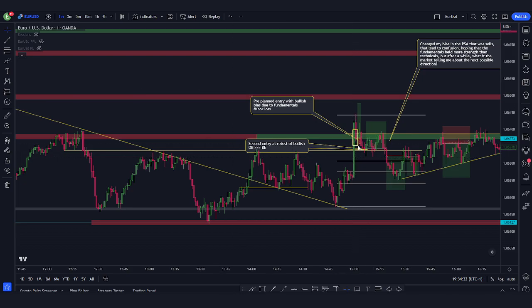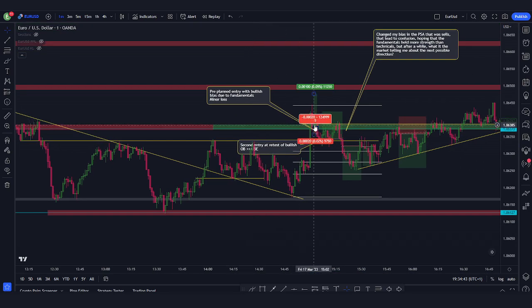I took my first buy over there, which got out for a small loss of 2.7 pips. And then I took another buy at the retest of this previous PSA, which went to break even. These were my only two trades of the day: one minor loss and one break even.